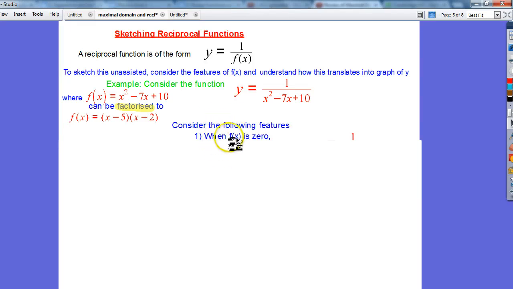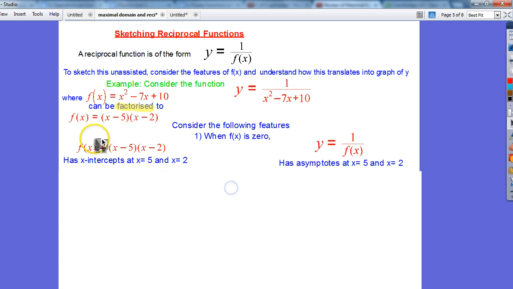So what happens when our f of x is 0? What happens when we get a 0 in our denominator? Well, that's when a function is undefined, and precisely we've got two things happening here. When our f of x, our quadratic, is 0, we end up with x-axis intercepts at x equals 5 and x equals 2.